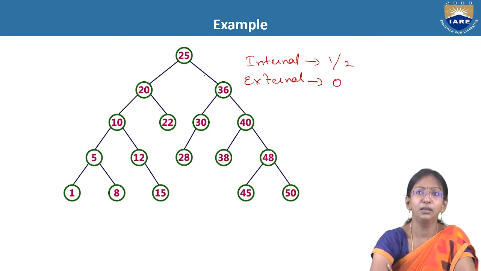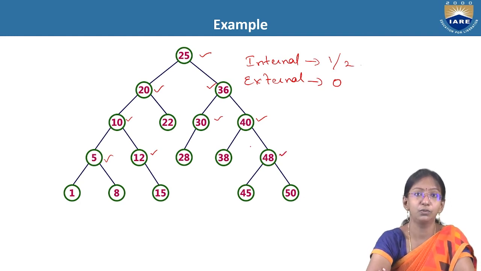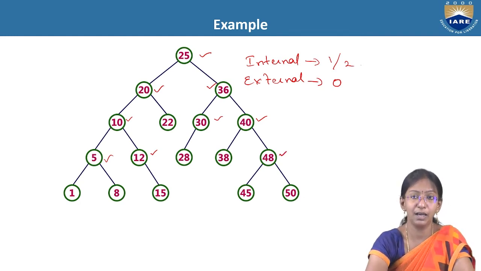Here 25, 20, 36, 10, 30, 40, 5, 12, 48 are internal nodes because these nodes have either one child or two, right?